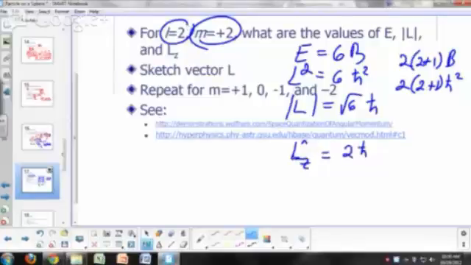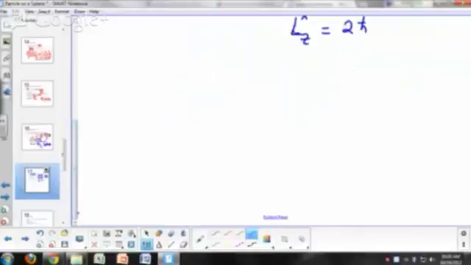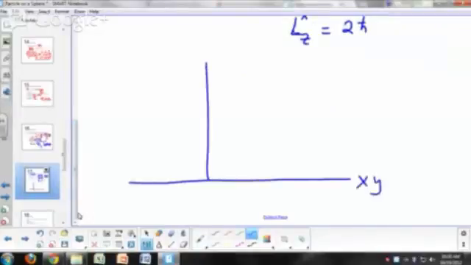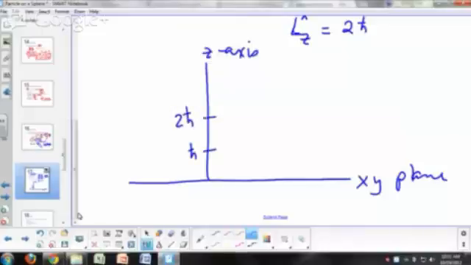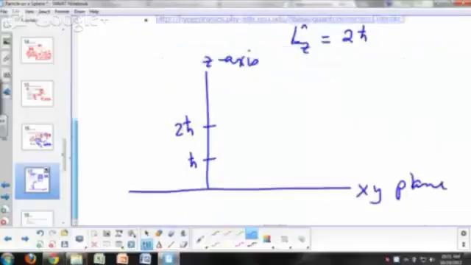So let's draw that vector. Let's draw your angular momentum vector. Here's your xy plane. Here's your z-axis. What's the component of the angular momentum vector on the z-axis? 2 h bar. So if this is h bar and that's 2 h bar, it's going to be a vector that has a magnitude of how much? Square root of 6 h bar, right?